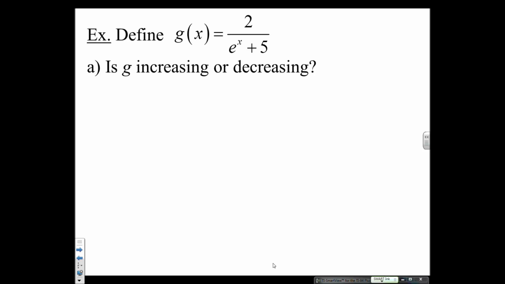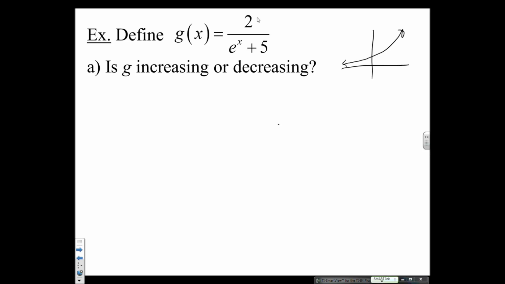All right, so an example here. Consider this function g of x equals 2 over e to the x plus 5. First question, is g increasing or decreasing? Well, we know that e to the x is always increasing. e to the x looks like this, always going up. So add 5, still always increasing.